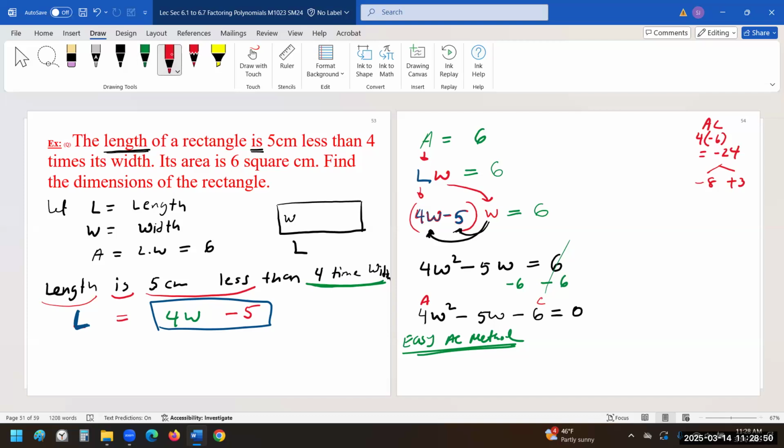So we have W squared minus 5W, and instead of 6, it's negative 24, because this is AC. And then you factor.